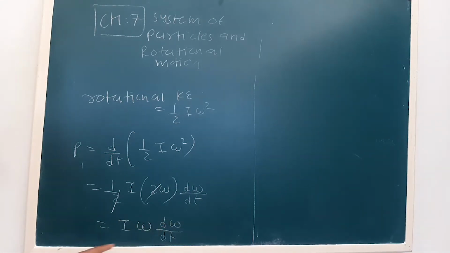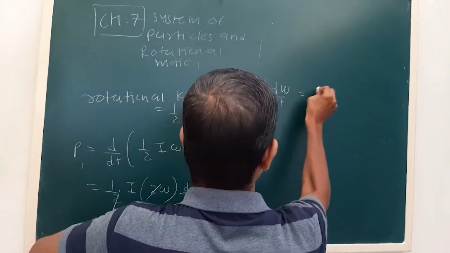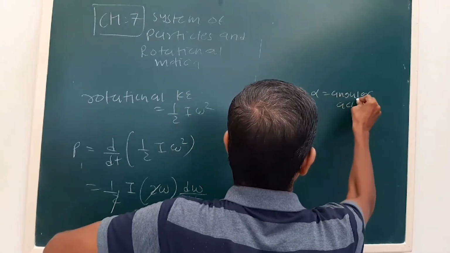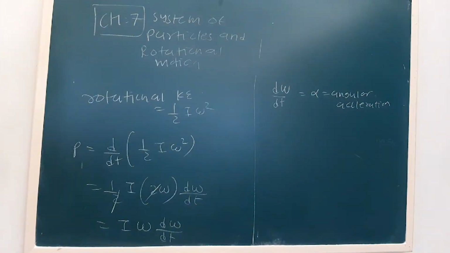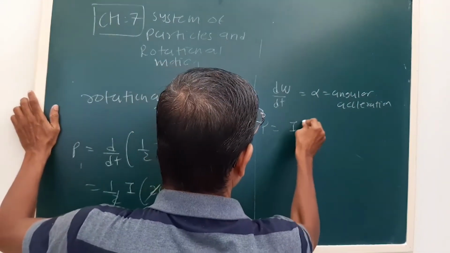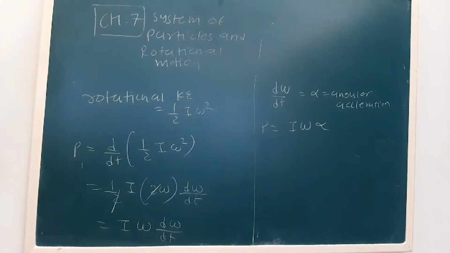Okay, now see, d omega by dt is alpha, that is angular acceleration. Just as dv by dt is the linear acceleration, here d omega by dt is the angular acceleration. So power equation we can write as I omega alpha.